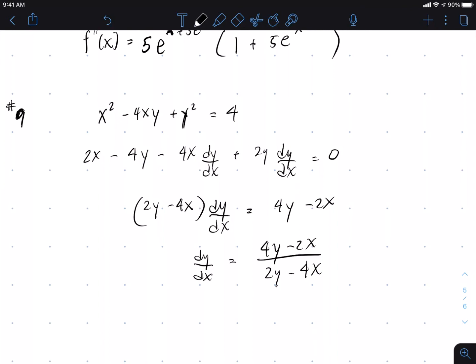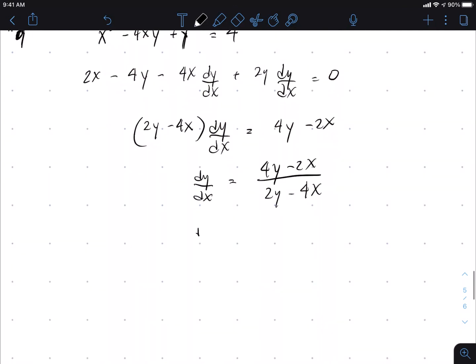And we could pull out a 2 if we wanted, but I don't care. Agreed? Here, just in case people pulled out the x, pulled out the 2. Same thing.